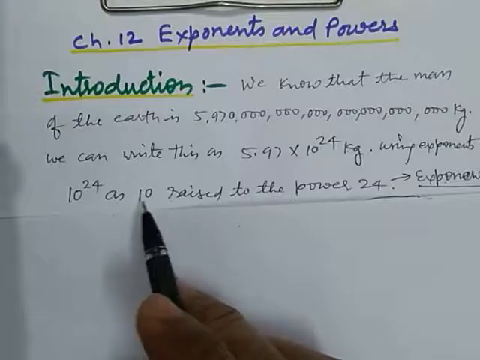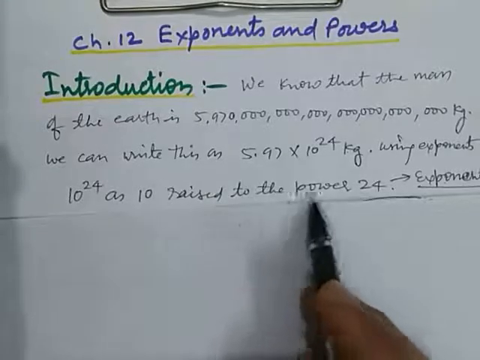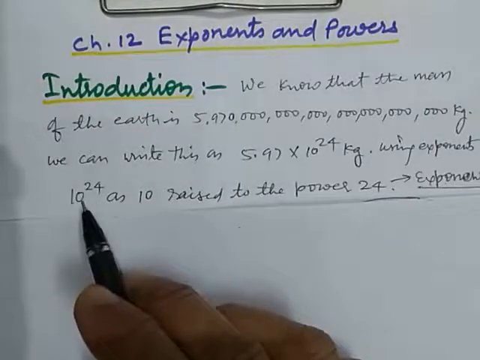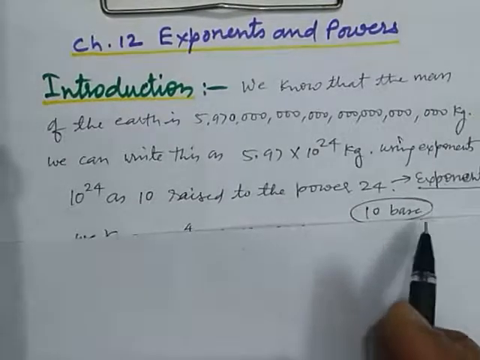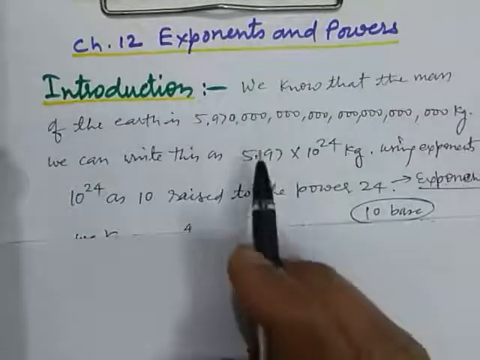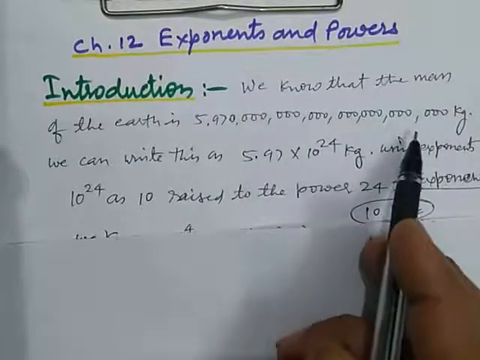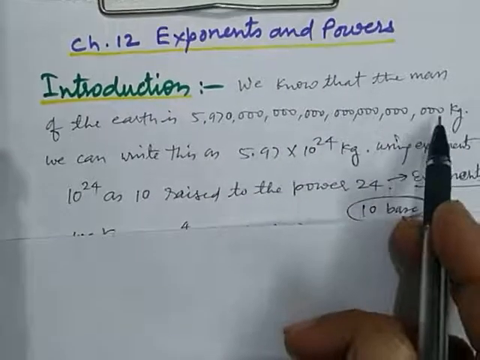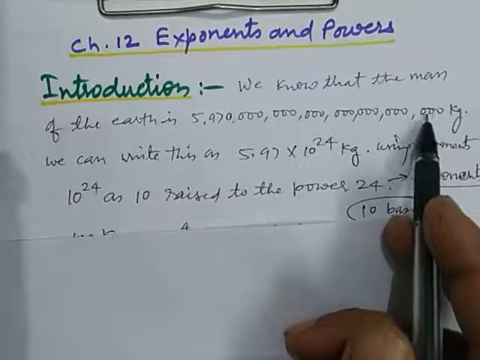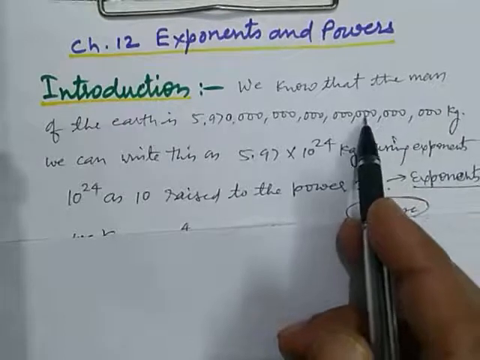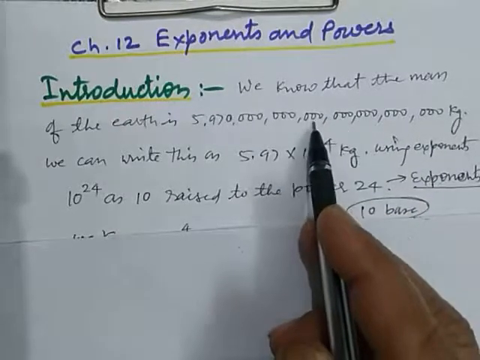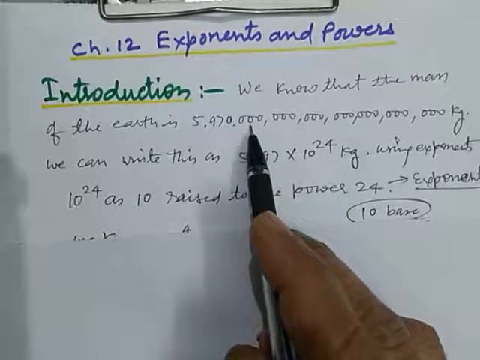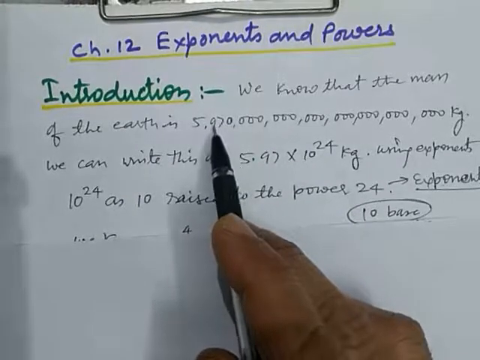Here the 24 is the exponent and 10 is the base. Okay. So this way we can express such big numbers very easily. We just count the digits: 3, 6, 9, 12, 15, 18, 21, 22, 23, 24.